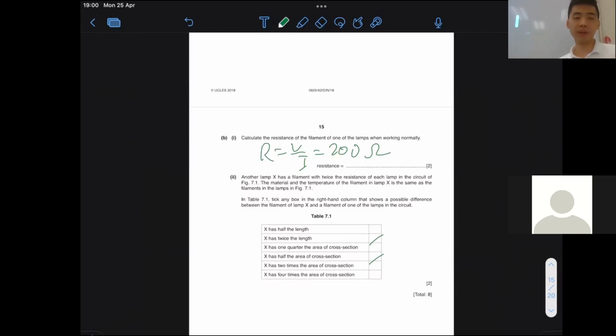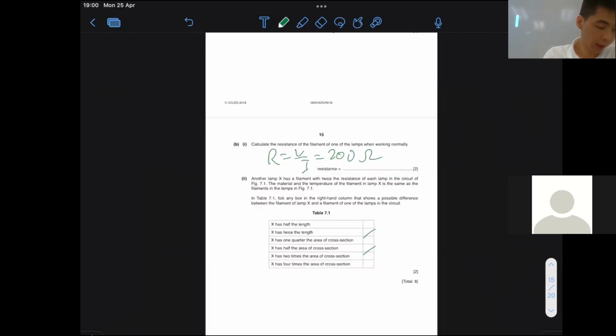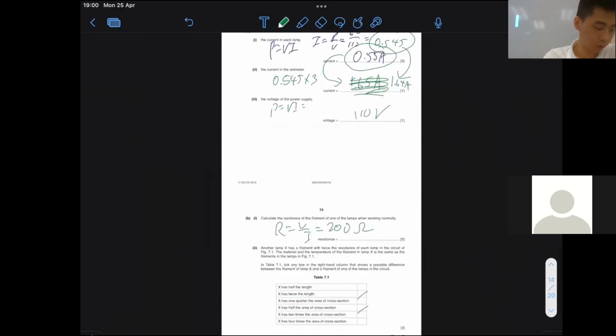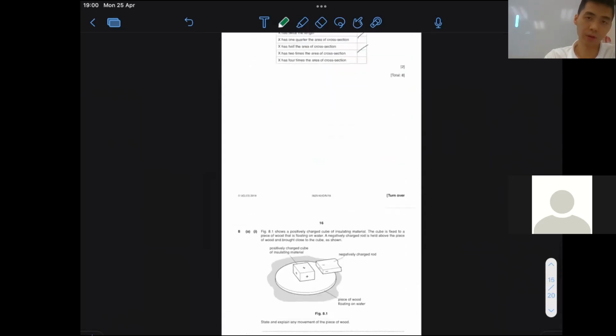You're supposed to use the V as 110 and your I as 0.545. It doesn't matter. I repeat again, all the answers in the mark scheme are only correct to 2 significant figures. But when we do the calculation, I like to do 3. Okay, any other questions or not? 202 also correct. Yeah, 202 or 201 is also correct.